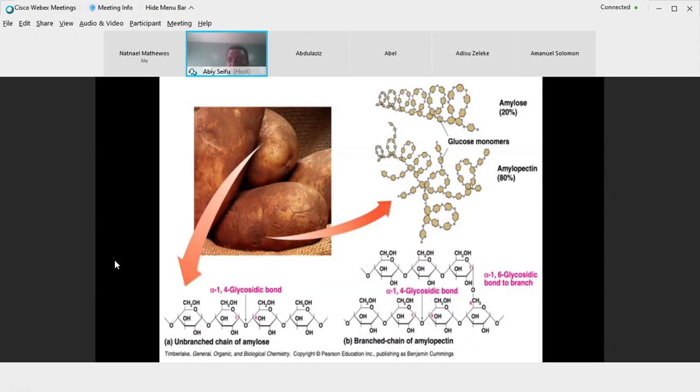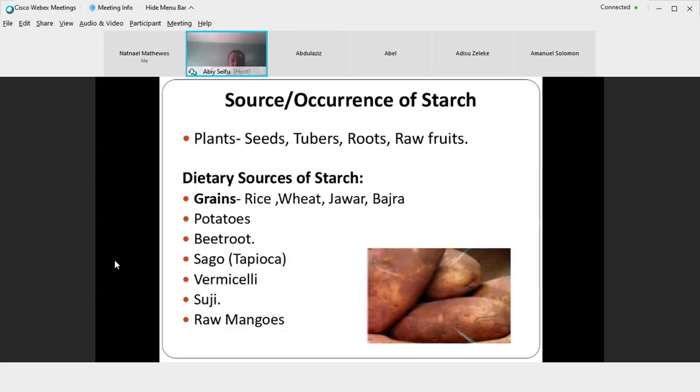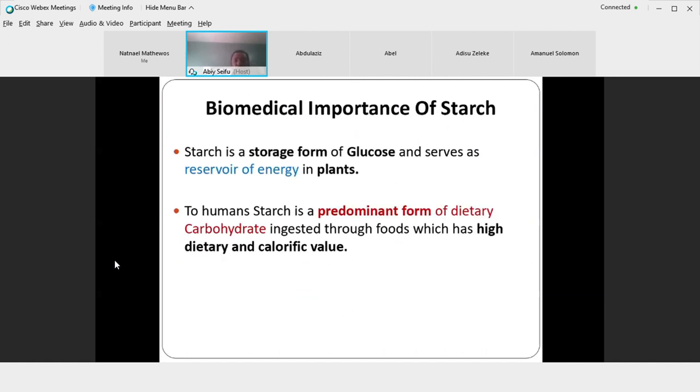There will be one branch after 12 to 15 residues of glucose molecules. That means there will be one alpha-1,6 glycosidic branch point after 15 residues of glucose. Starch can be obtained from plants.